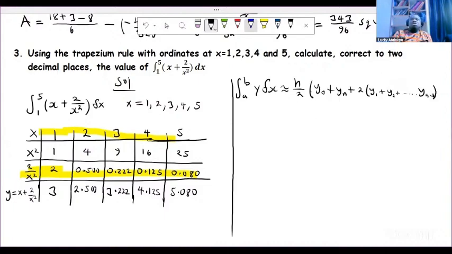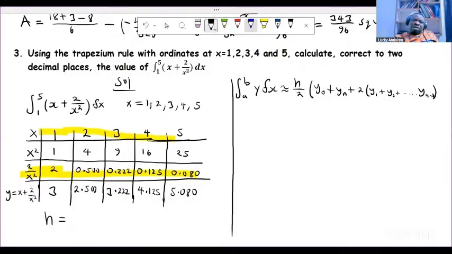Good. So using this model now, our class width is simply h, right? And h is simple.